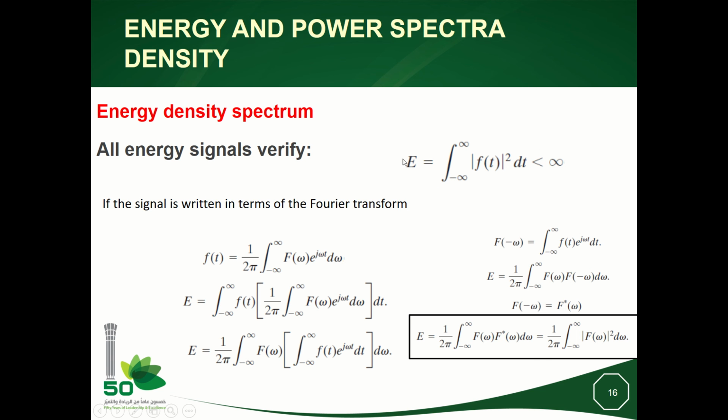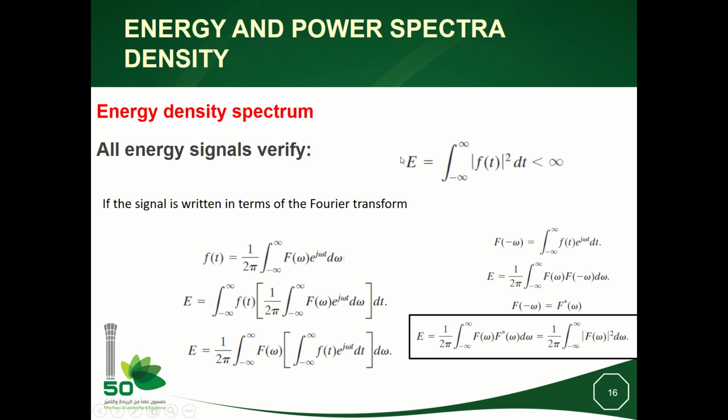It means that E is finite in this case. If the signal is written in terms of the Fourier transform, it means if I know the spectrum of f, which is noted F of omega, the inverse Fourier transform of F of omega is given by the following. It means 1 over 2 pi, the integral of the famous expression here.